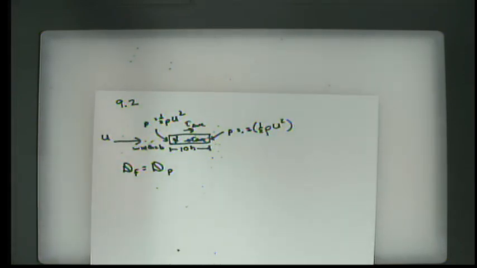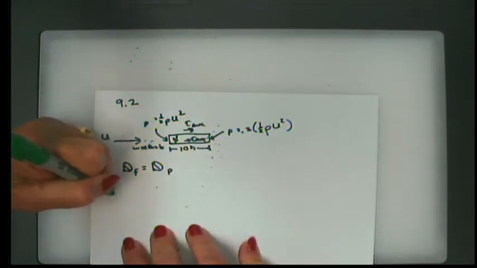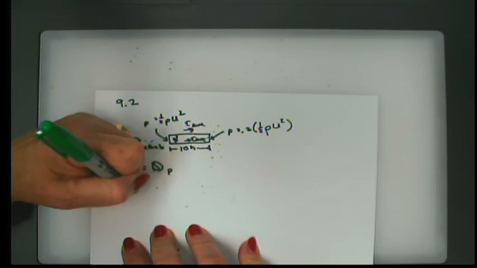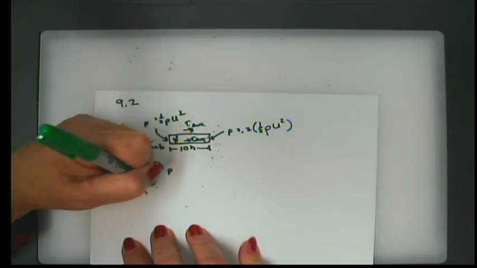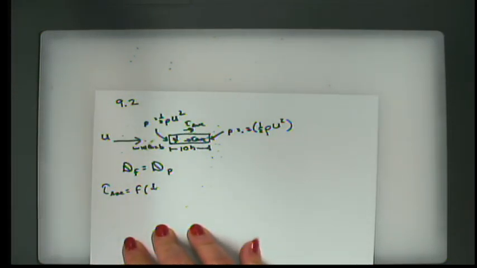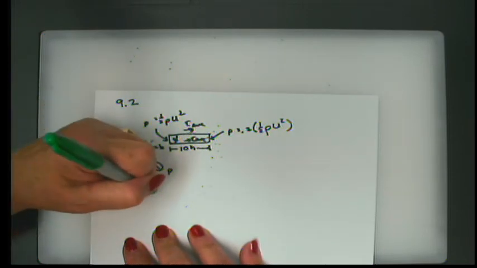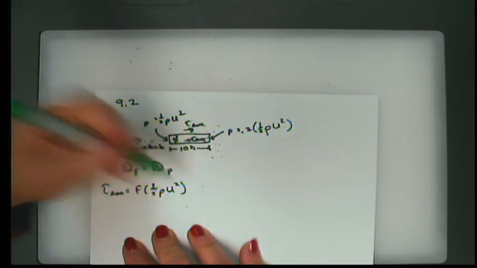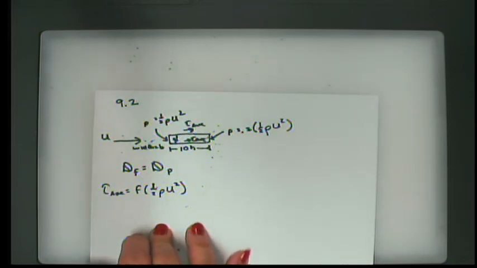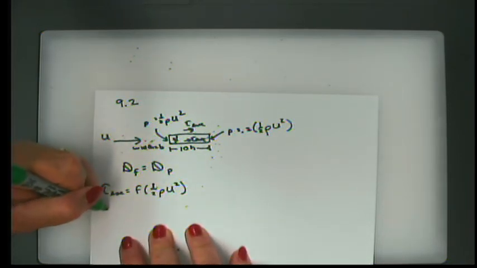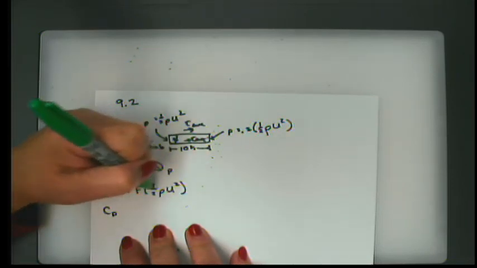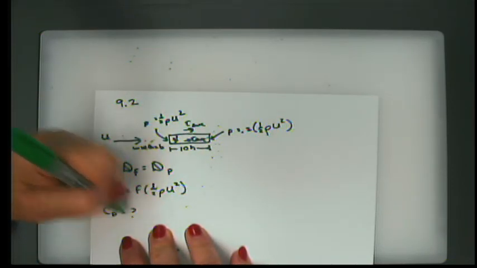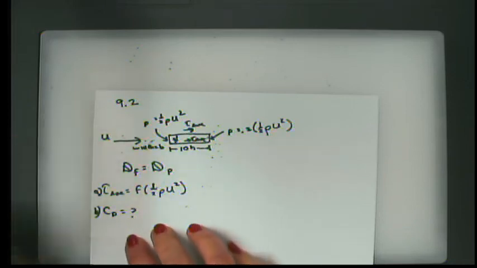Assuming that they are equal, we want to determine tau average in terms of dynamic pressure, some function of dynamic pressure, which is 1/2 rho u squared. We also want to determine the drag coefficient, which is C sub d. So this is part A, and this is part B.